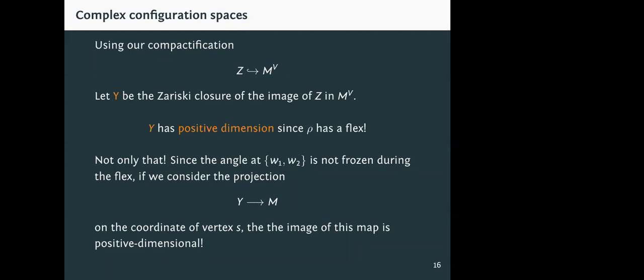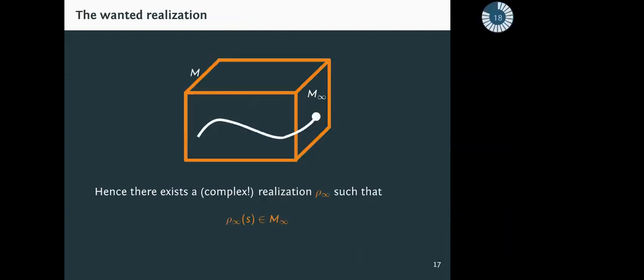This little cube is our M, our compactification of R^3, and this white curve is the projection of our set of configurations Y into the coordinate related to the vertex S. Since this projection has positive dimension and M is compact, this projection must intersect the boundary, which we called M infinity.